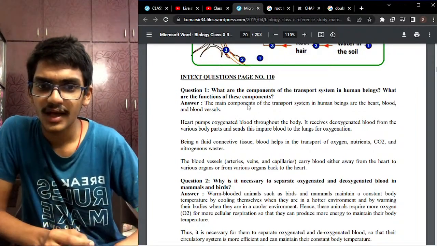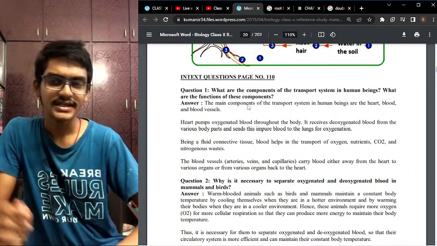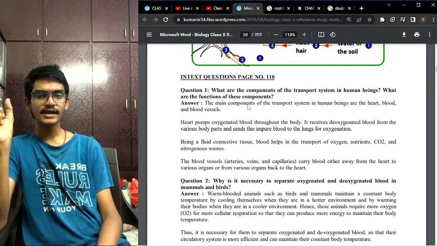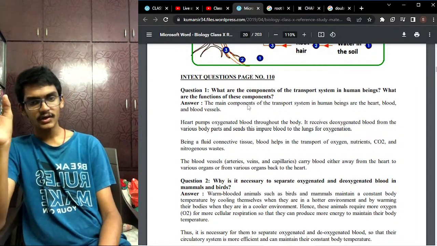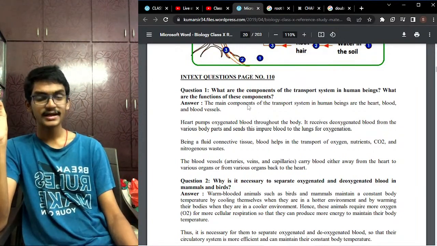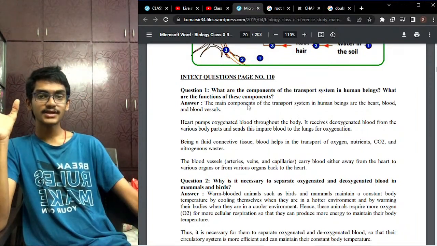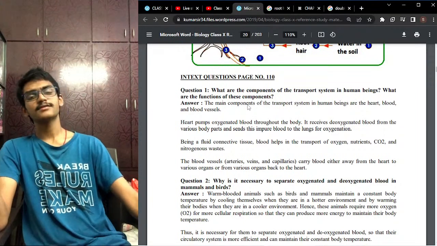What are the main functions of these components? Heart first. The heart helps in the pumping of the blood and the purification process of the blood. It also helps in transporting the blood to different parts of the body.